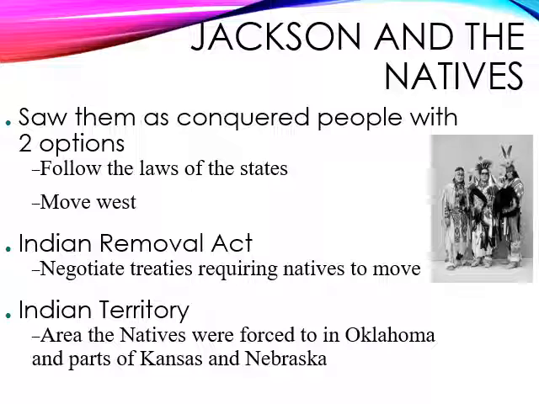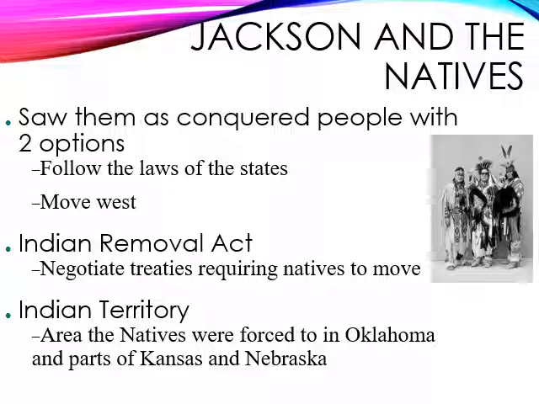He ended up putting together kind of an idea more than an actual law called the Indian Removal Act. The idea was to, as quickly as you could, negotiate treaties with the tribes that made the natives move. And these treaties were kind of crazy. They were really forced on people.